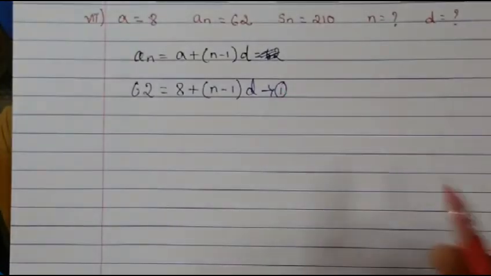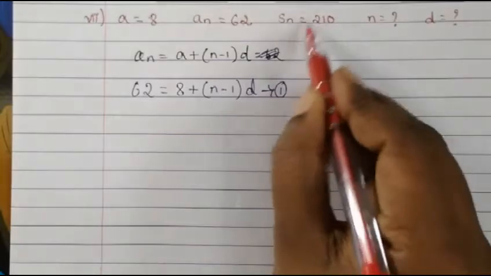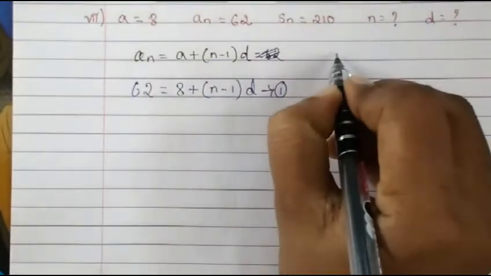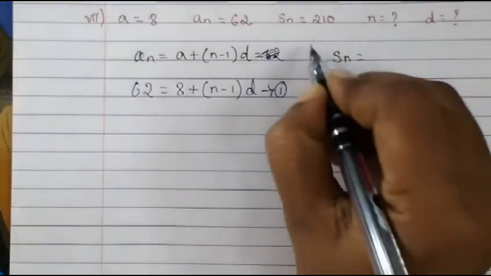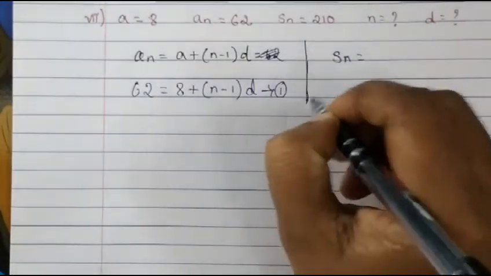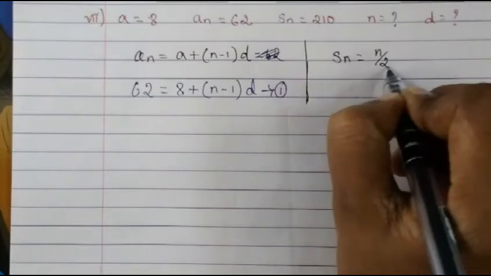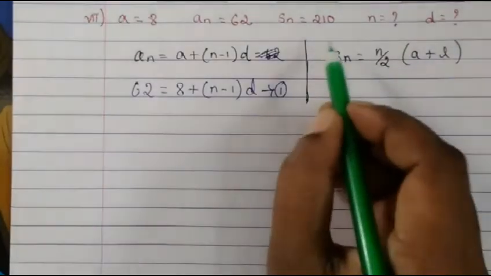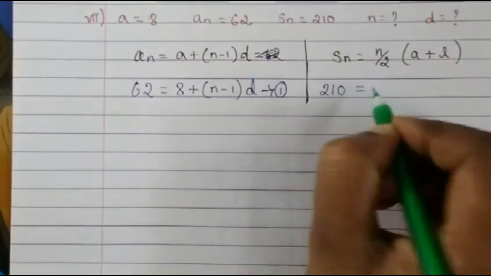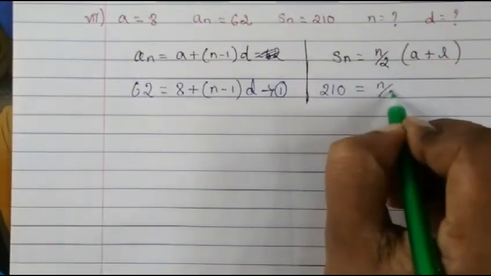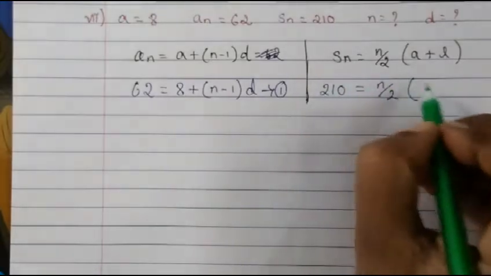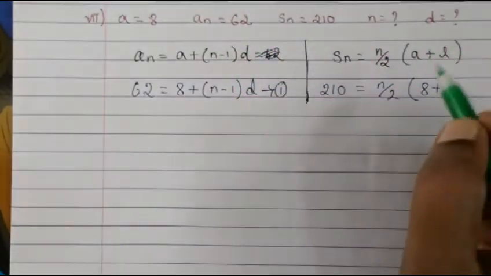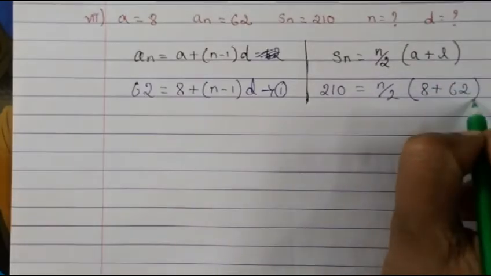And now for Sn, let's find out from Sn, because Sn is given to us. So Sn equal to n upon 2 times the first term plus the last term. So Sn is given to us as 210, n we don't know, n upon 2, a we know 8, and the last term, an is the last term, so we know that is 62.